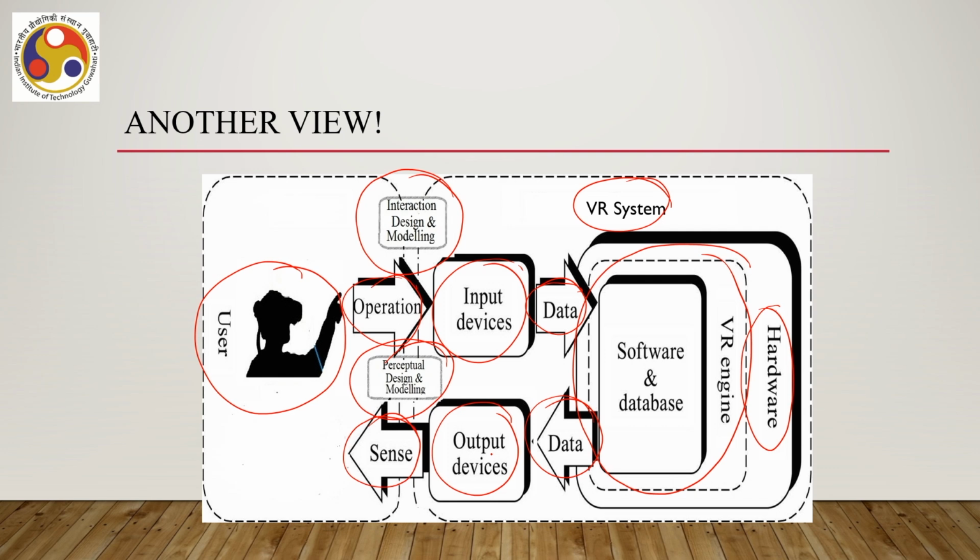In this diagram, the software part is mentioned as two components: the VR engine and the other component, software and database. We will go through these differences in the subsequent part of the lecture. So, that is the broader way of looking at the data flow between the user and the system and where the software is placed.